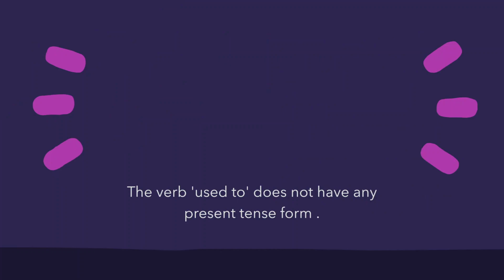And here you need to note that the verb used to does not have any present tense form. So you cannot say, I used to go to school at 7:30 a.m. every morning. It was wrong.